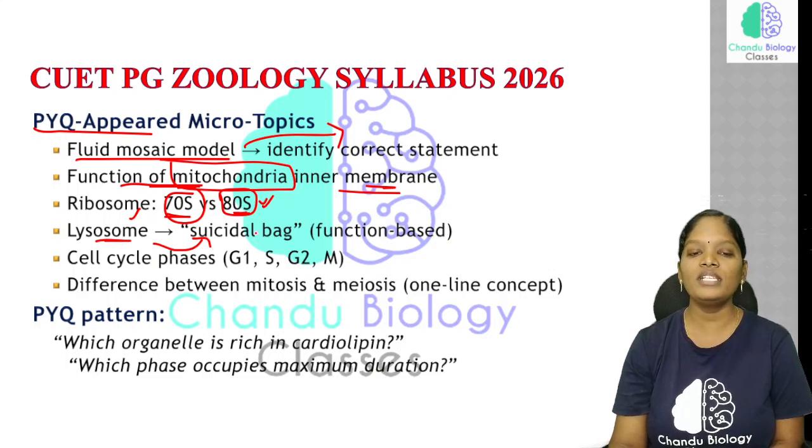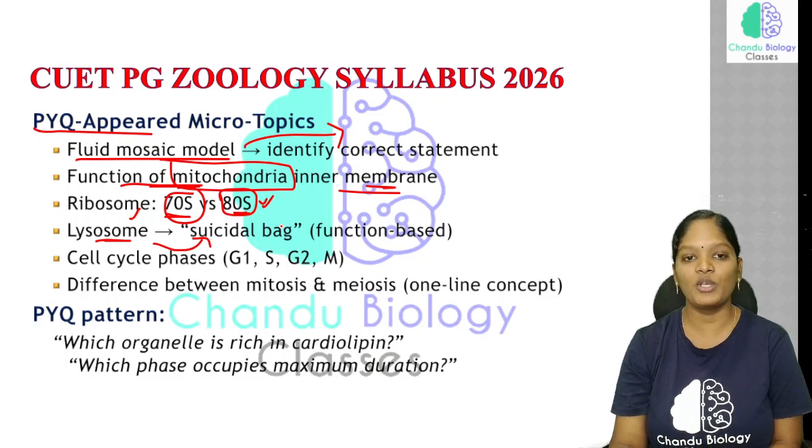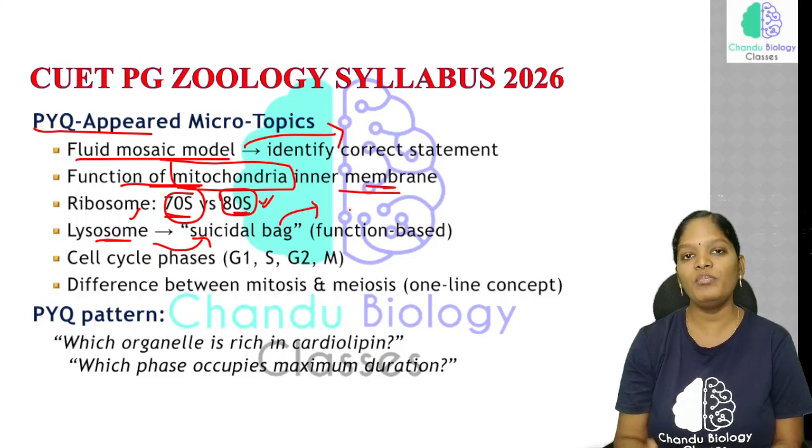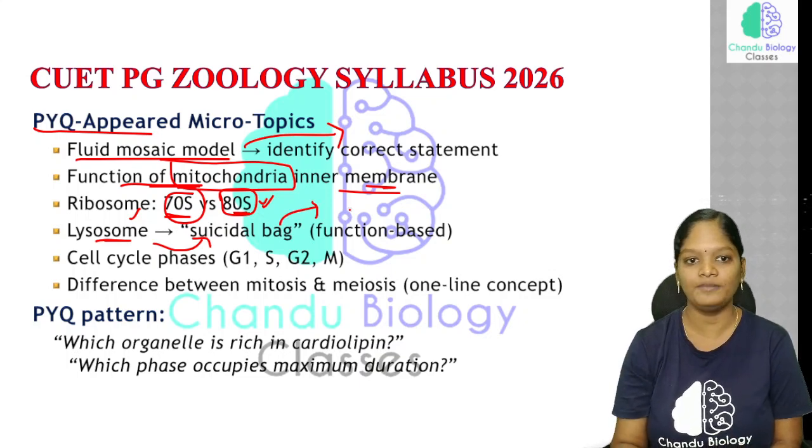What is the main function of the lysosome? It acts as the suicidal bag. Why do we call the lysosome a suicidal bag? Because the lysosome has millions of hydrolytic enzymes, and the pH will be acidic in nature, so that pH is suitable for the hydrolytic enzymes to survive in the lysosome.